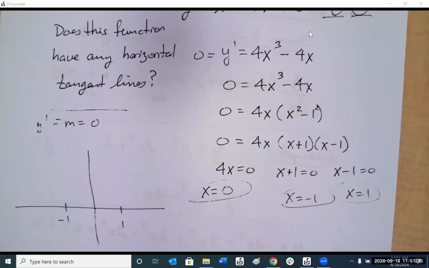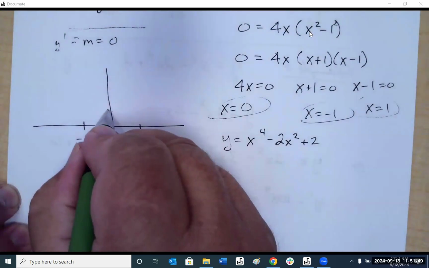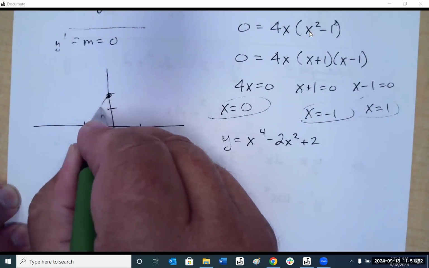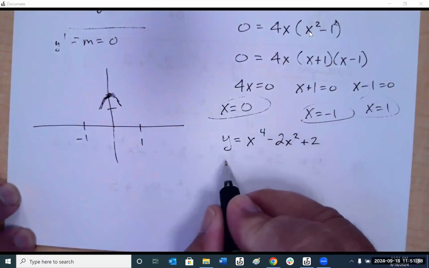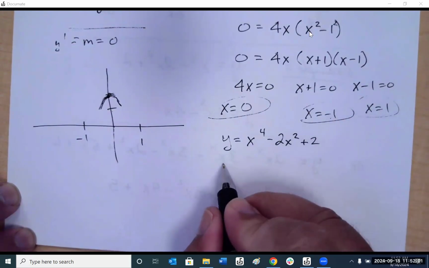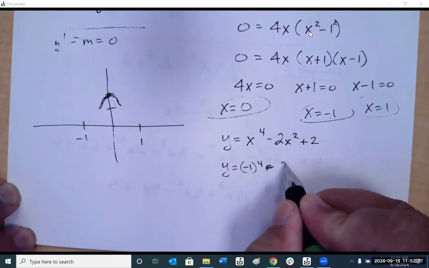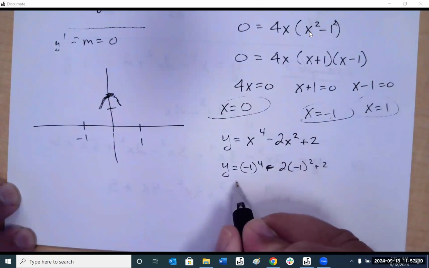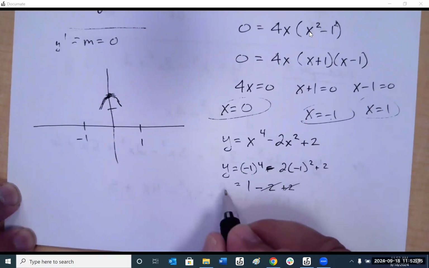So what are their points? If we plug these x values into this equation, we plug in 0, we get 2. So that's going to be the highest point. If we plug in -1, it's 1 minus 2 plus 2.